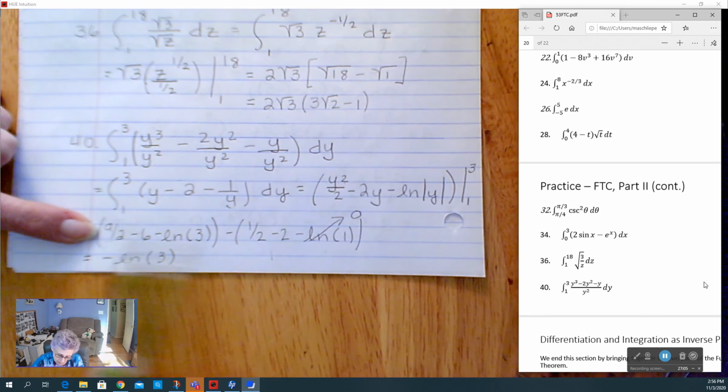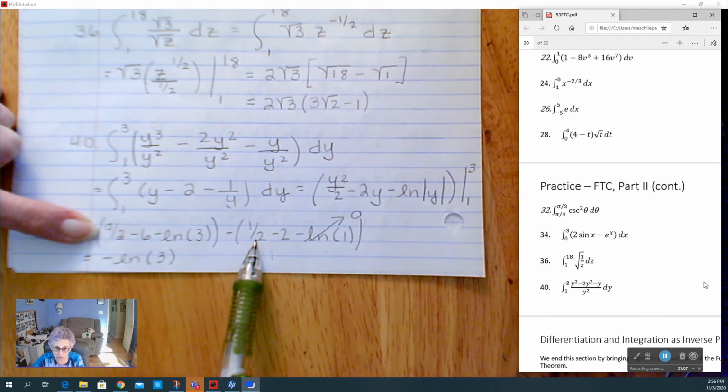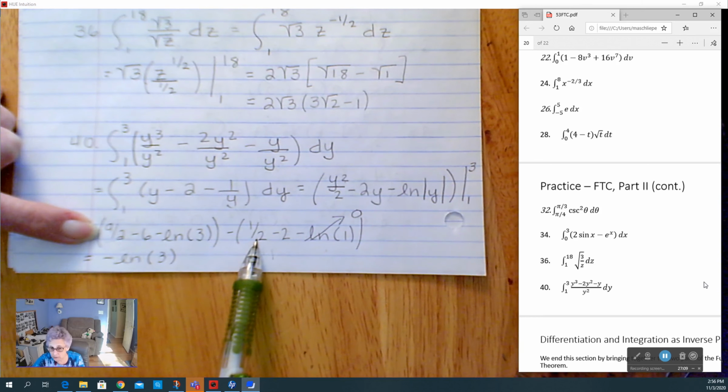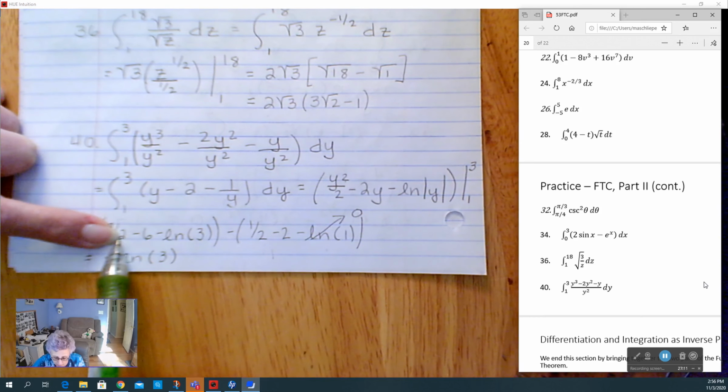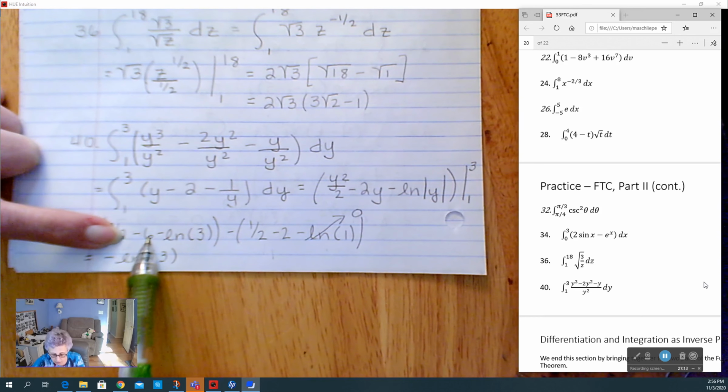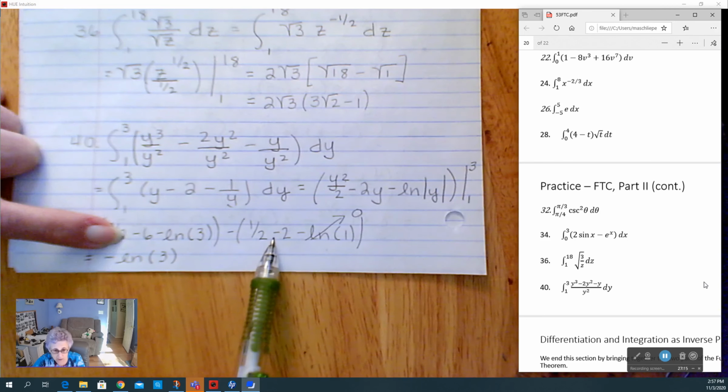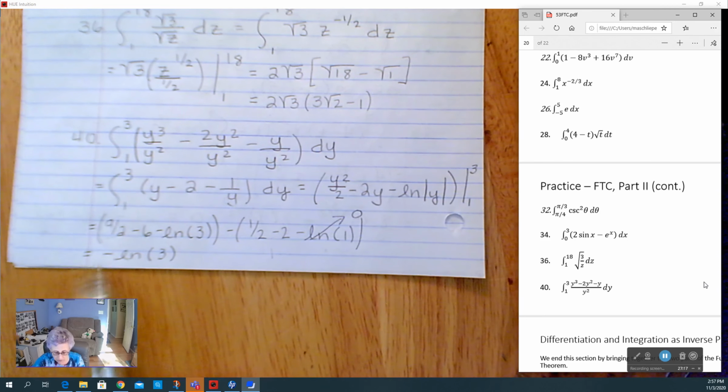I have 9/2 minus 1/2. That leaves me with 8/2, which is 4. So I have 4 minus 6, which is negative 2, minus negative 2. Everything goes away except negative natural log of 3. Hopefully those went well.